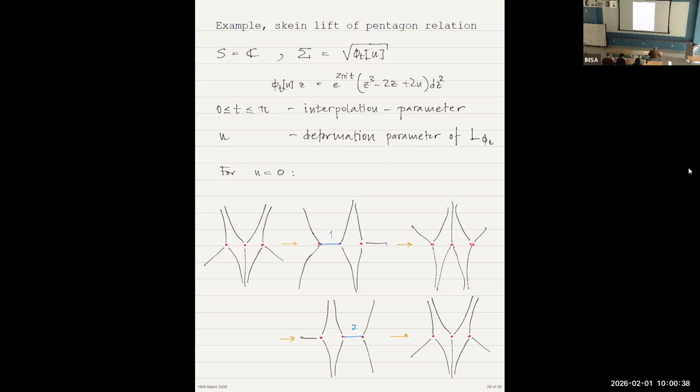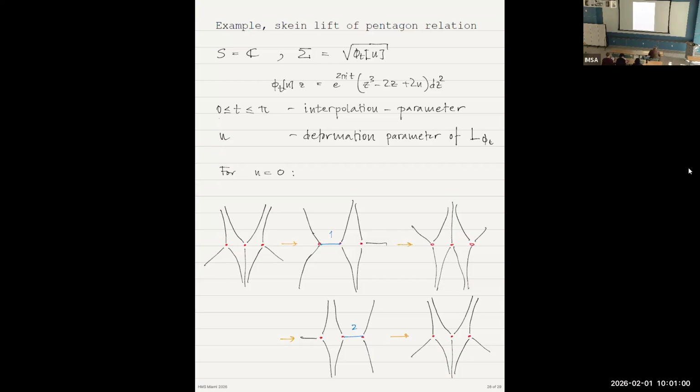So now I can use the invariance of this Skein lift of the empty knot, which is just counting the curves, the holomorphic disks, forming on this Lagrangian, right? And I will count them for u equal to 0, and for some other u. For u equal to 0, I can draw this.